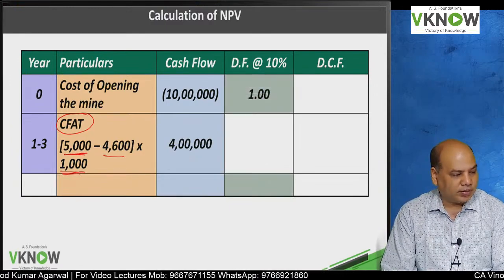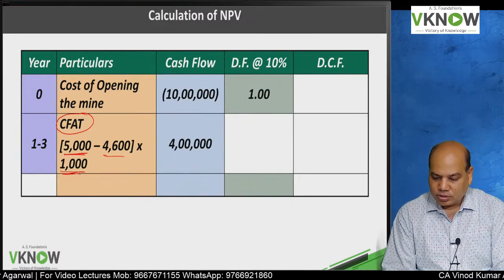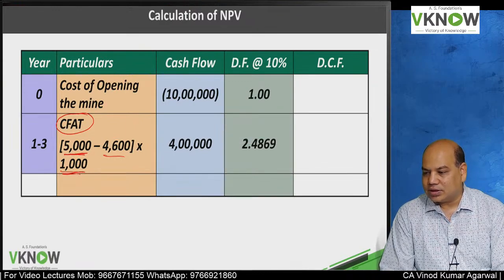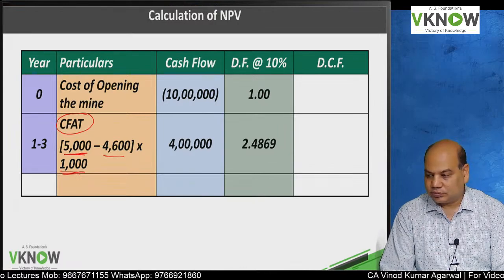Present value factor is 1 for year 0. For years 1 to 3, it is 2.4869.